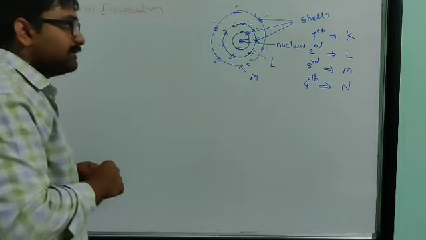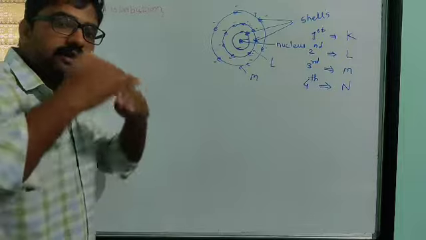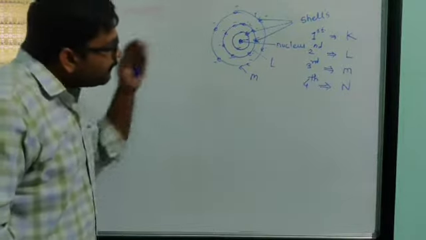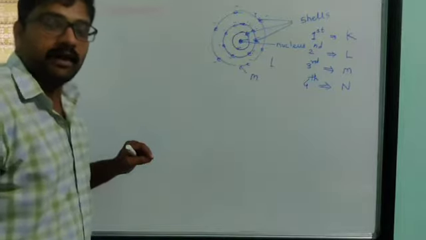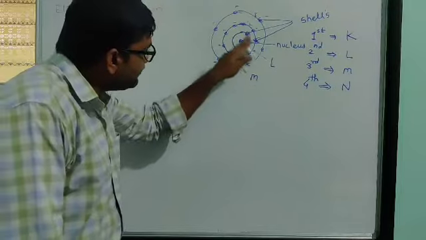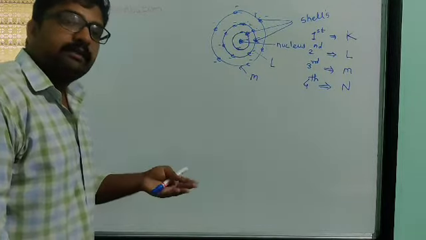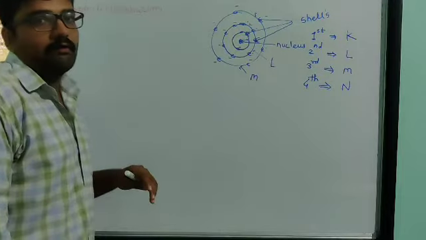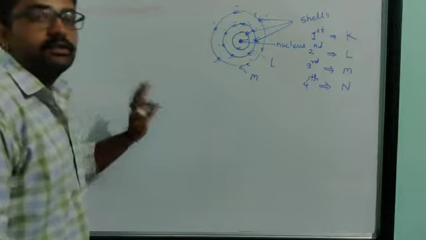Look, there is also one rule. According to that rule, the number of electrons present in particular shells can be defined. The maximum holding capacity of each shell is fixed. That much maximum number of electrons can stay in different shells.